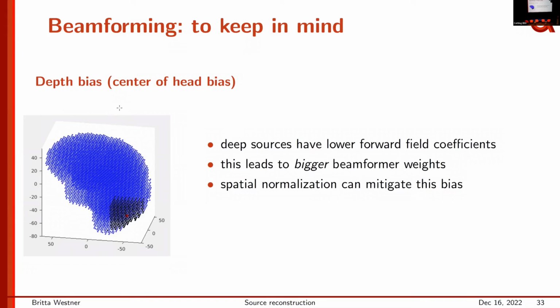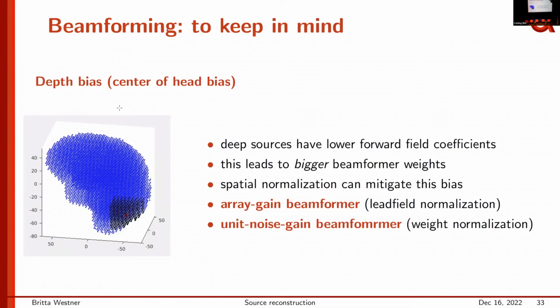You can spatially normalize to mitigate this, either by normalizing your forward field, your lead field, to get rid of this tendency of the forward field having smaller coefficients in the middle. Or you can normalize the weights themselves such that you don't get the bigger weights in the middle.